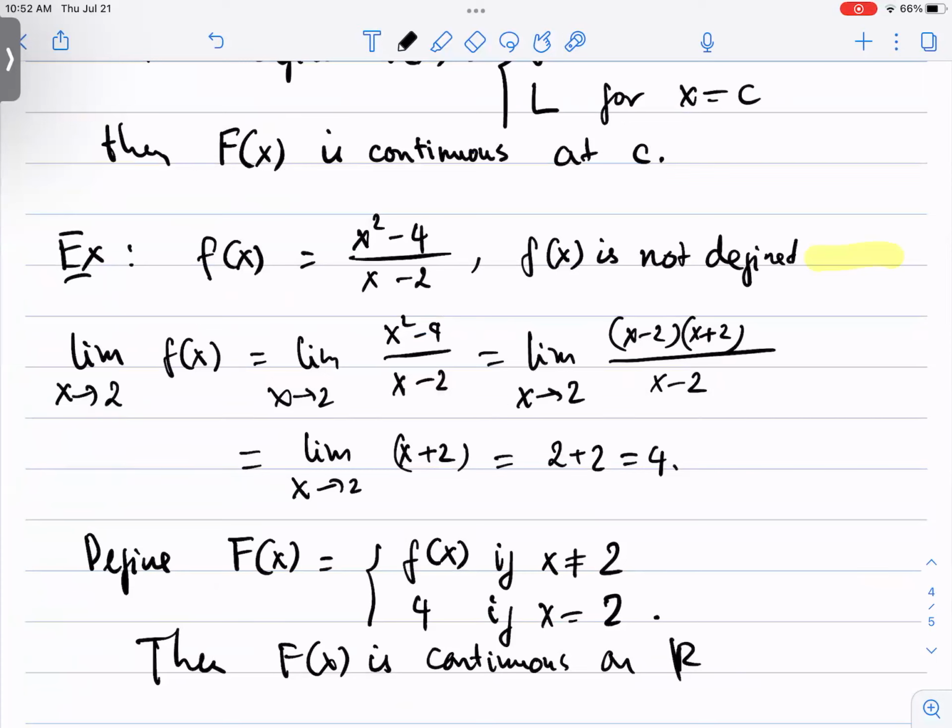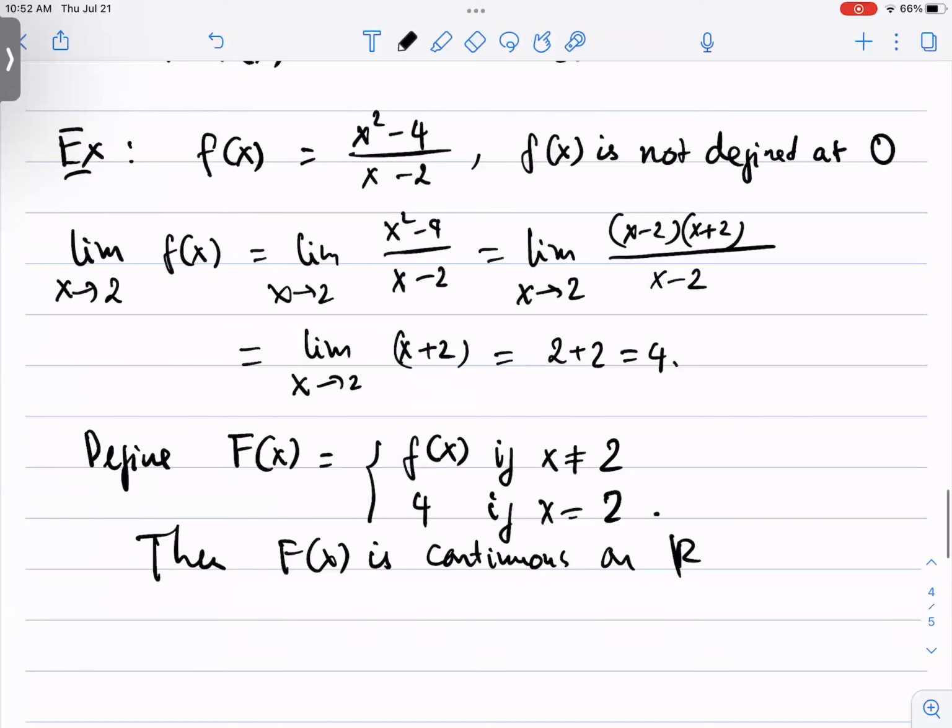Here is an example. We consider the function f of x equal to x squared minus 4 divided by x minus 2. Remember, we cannot divide by 0. So immediately, we observe that this function, small letter f of x, is not defined at 2. On the other hand, we can consider the limit when x approaching 2.